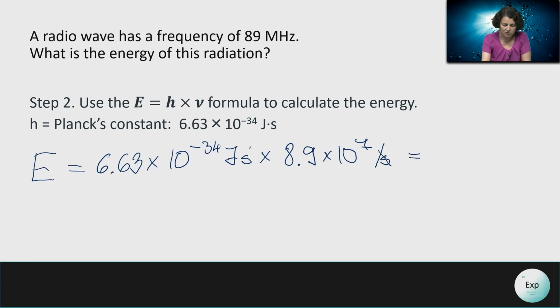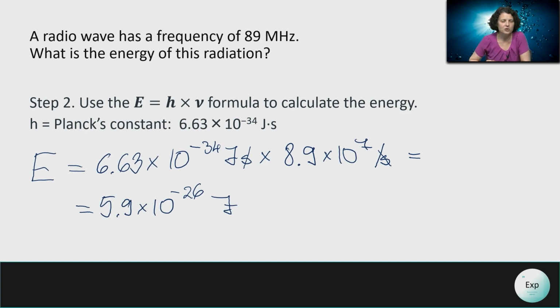This allows us to simplify our units. Second divided by second cancels it out. And now we are left with units of joules, and we need to add the value associated with that, which is 5.9 times 10 to the negative 26th joules.